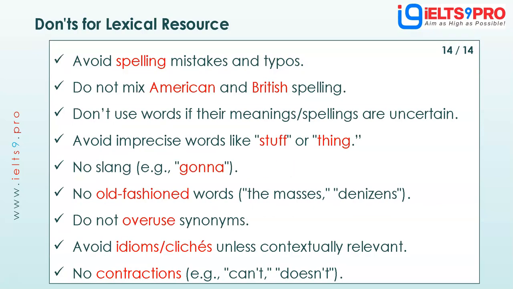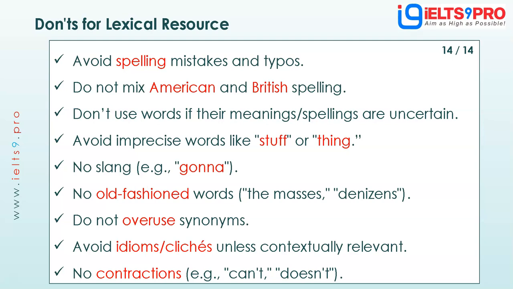Okay. So, what are the don'ts? Try not to mix American and British. And this is the same in the speaking section. I'm not talking about accents or anything, but when we write words in English, in British, such as colour, C-O-L-O-U-R, Americans would write C-O-L-O-R, etc. So they have differences in spelling.